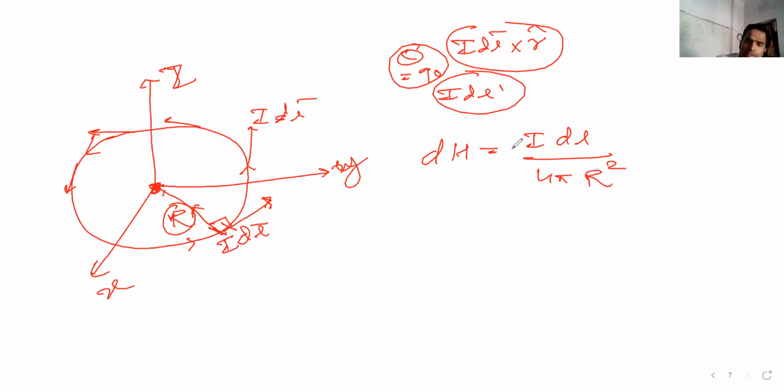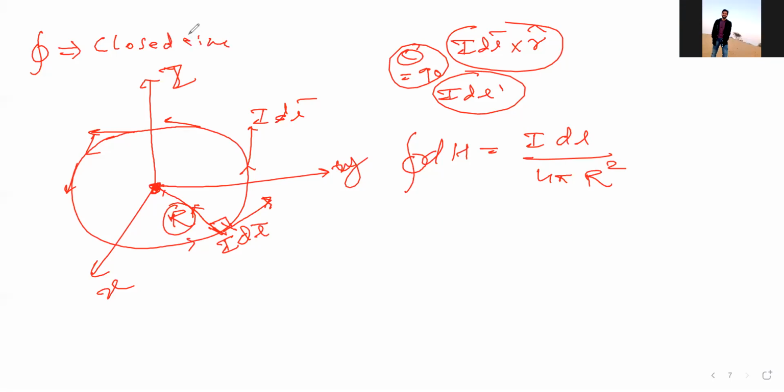So we integrate this over the length of the loop. This is a closed line integral, and this sign means closed loop integral. So when we integrate this, what do we get?